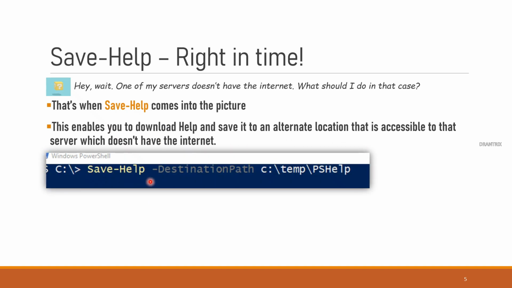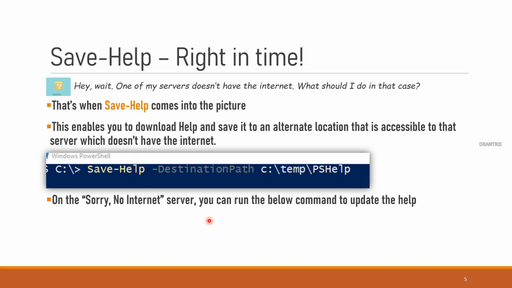So this is the command Save-Help with a destination path. You just give C:\temp, and I just created a folder called pshelp, and once I run it, it will download and save the help files in this folder. Once we have downloaded them, we have to copy the help files and paste them to the server which doesn't have internet.